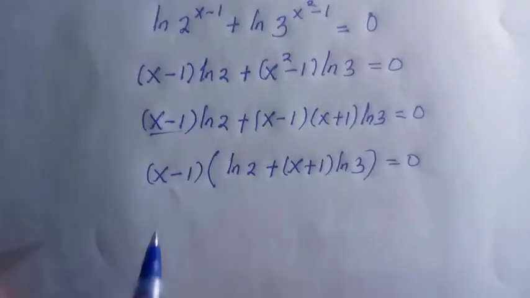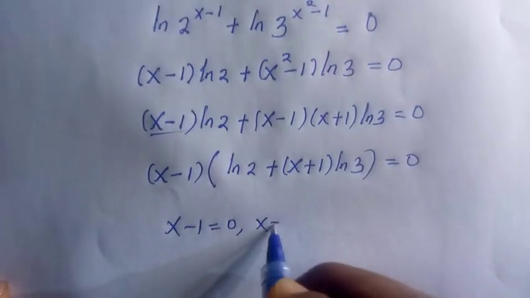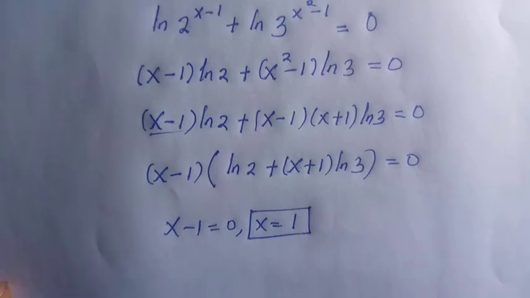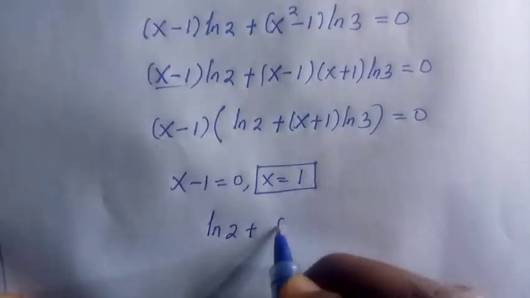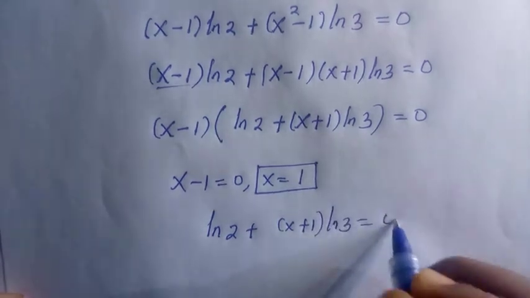So we let the first factor, x minus 1, equal 0, and we get x equals 1 as the first solution, which we got with the first method. And to get the other solution, we let ln 2 plus x plus 1 ln 3 equal 0.